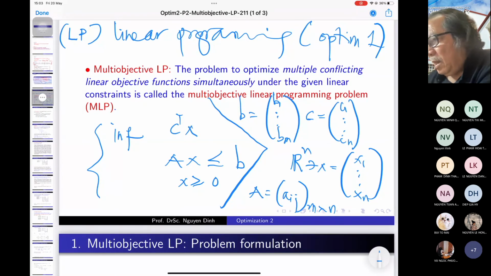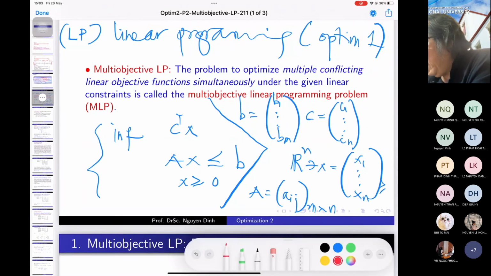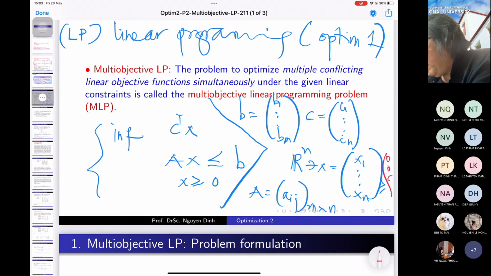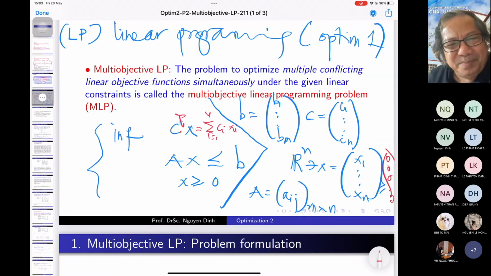And x greater than or equal to 0 means you have a vector (0, 0, ..., 0) like this, and x is greater than or equal to it. So that is linear programming. And c transpose x means the sum of ci xi, with i from 1 to n. This is a linear programming.